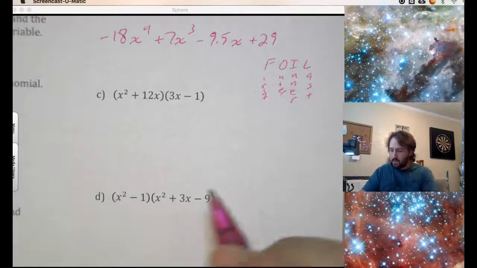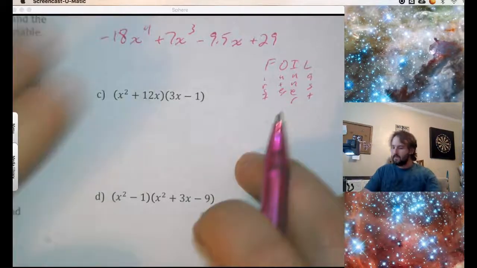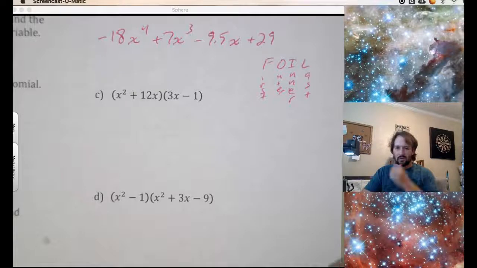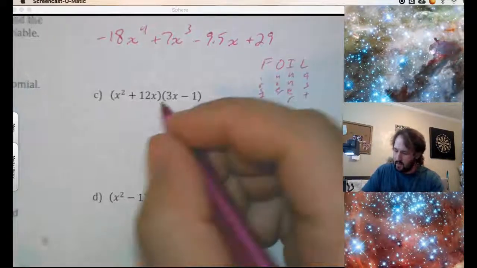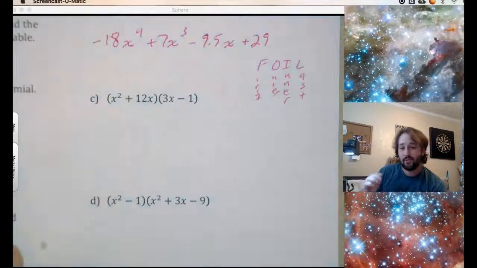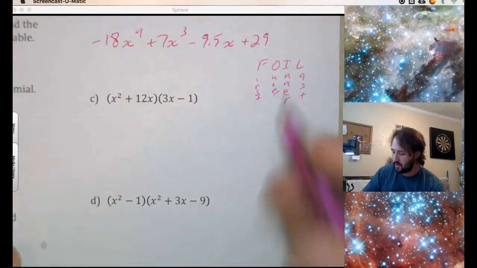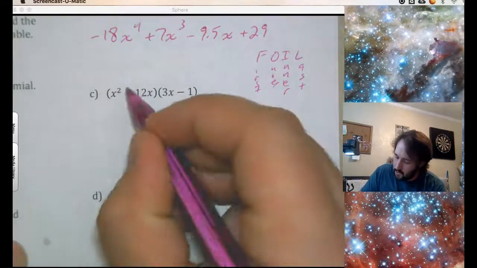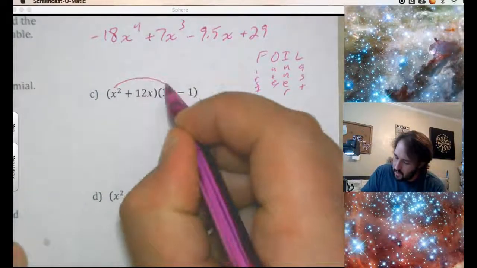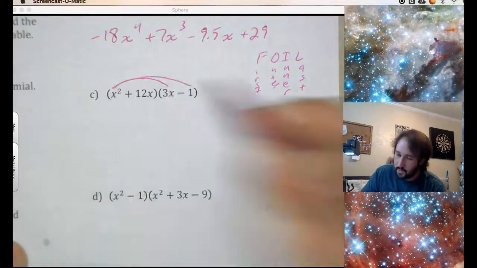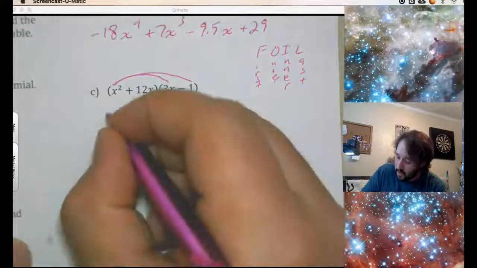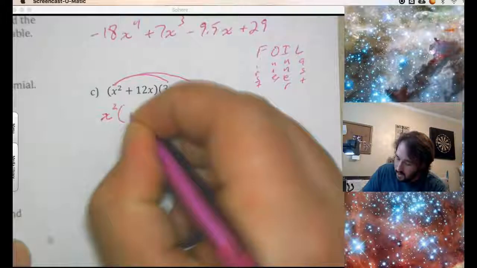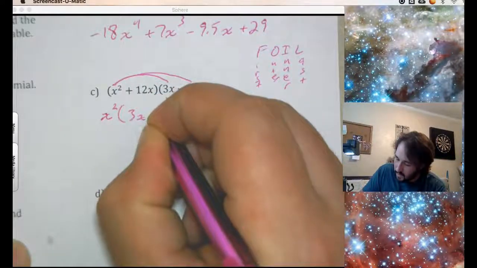In Apex, they're also going to talk about something called stack multiplication or something like that. I can't remember what they called it. But what I do, I'll show you first, and then I'll show you that. It's kind of silly. But all we're doing is distributing the x squared to both terms. So using the distributive property, we're going to do x squared times 3x minus 1.